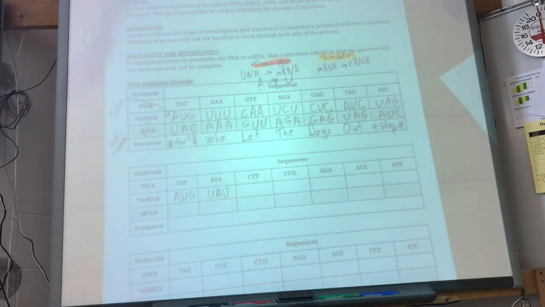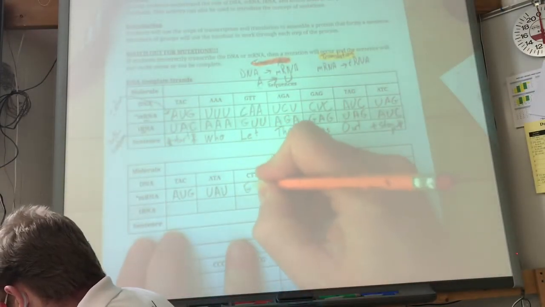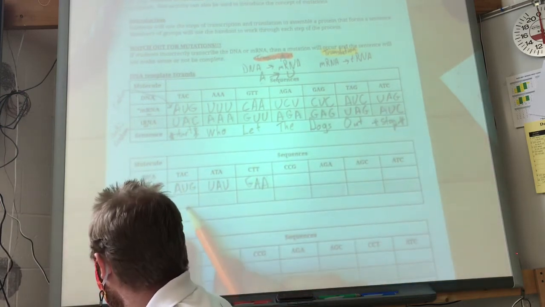Okay, complementary base pairing is how we go through. Okay, anyone else? Okay, I'll do GAA.